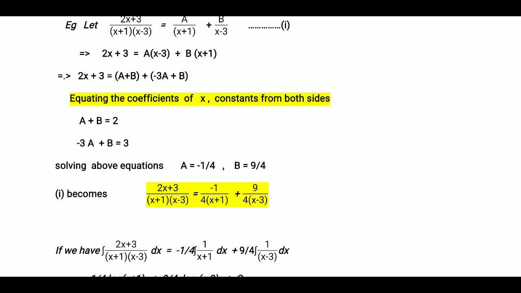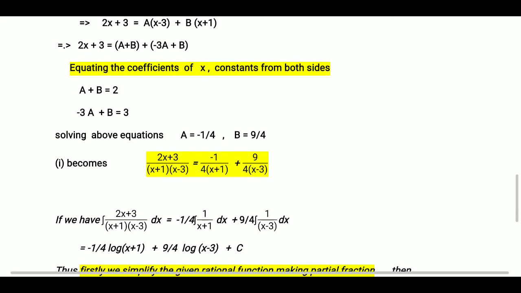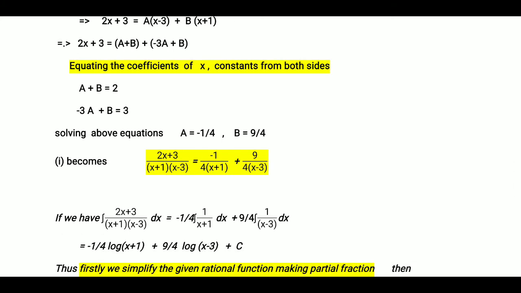Now we solve these two linear equations by simultaneous equations. We get A is equal to −1 by 4 and B is equal to 9 by 4. These two are the solutions for capital A and capital B.